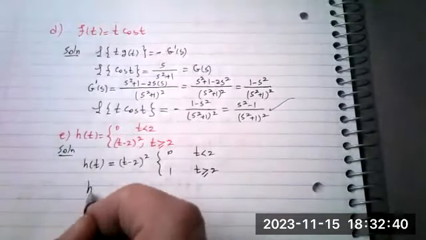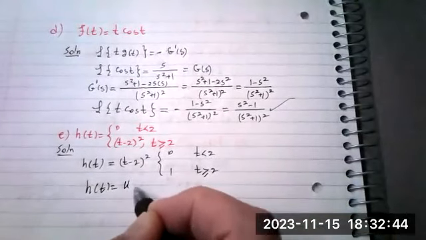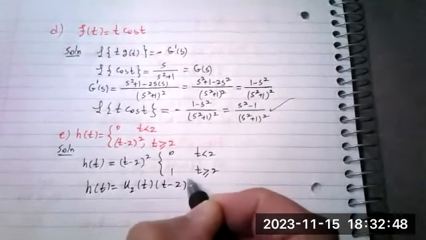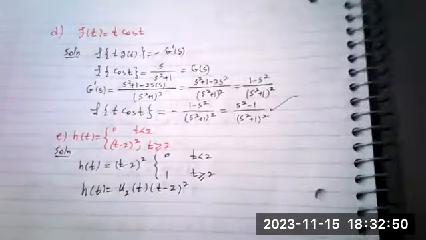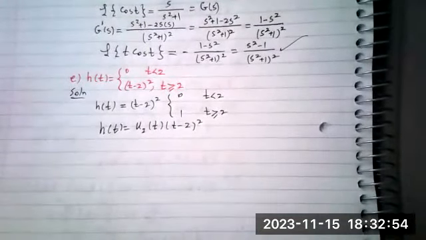So the function in question is going to be u2(t) times (t minus 2) all squared. And that's exactly the correct version of the formula that we have. Remember f of t minus c.